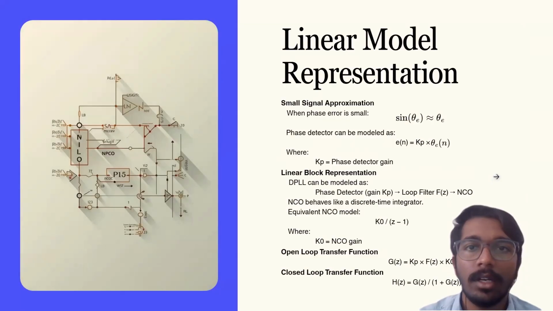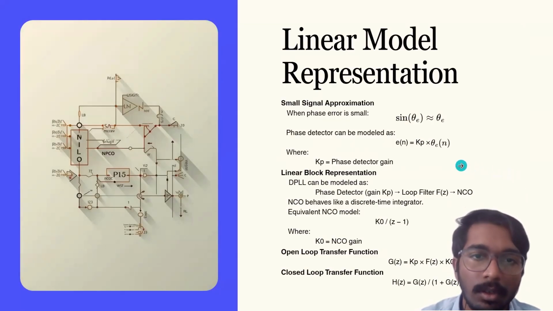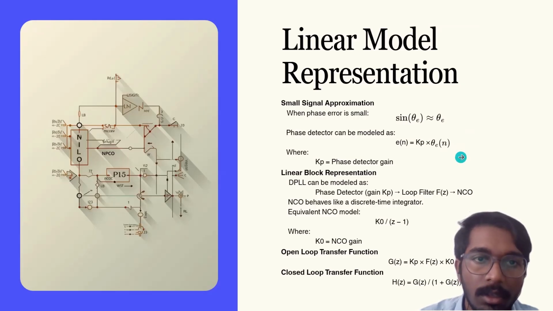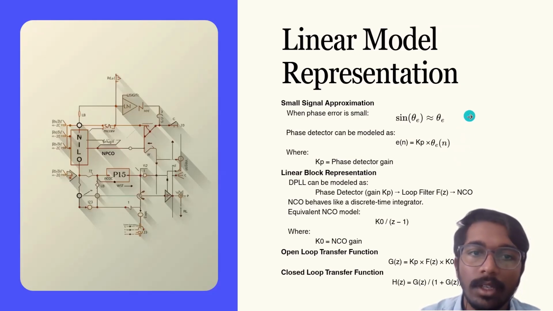Now let us look at the linear model representation of the DPLL. Although the DPLL is inherently a nonlinear system due to the sinusoidal relationship in the phase detector, analysis becomes easier when the loop is near the locked condition. When the phase error is small, we use the small angle approximation where sin(θ) is approximately equal to θ.